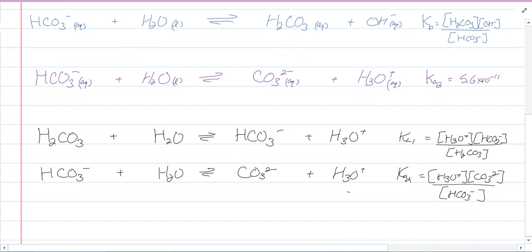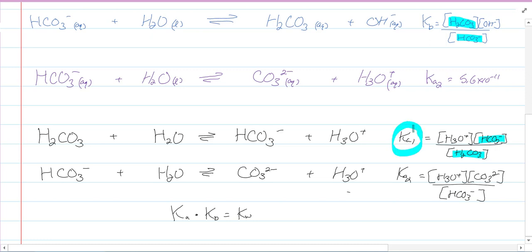So we remember that, hopefully, Ka times Kb is Kw. But I have two Kas here, so which Ka do I have to use? Well, I have to use the ones with carbonic acid and bicarb.